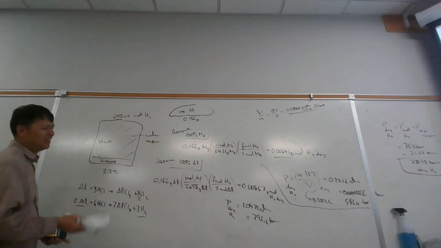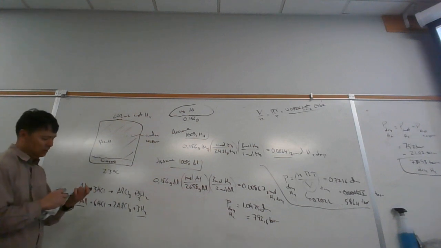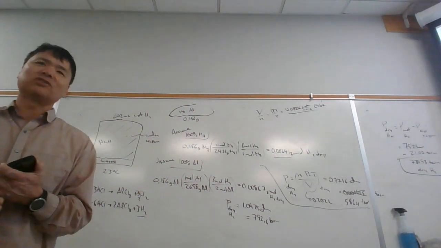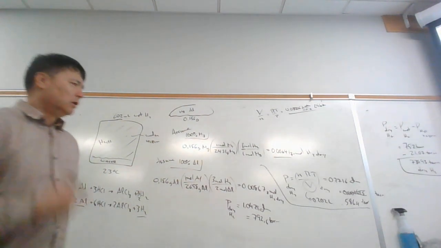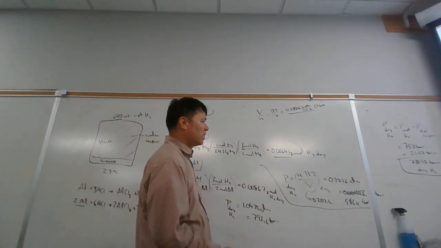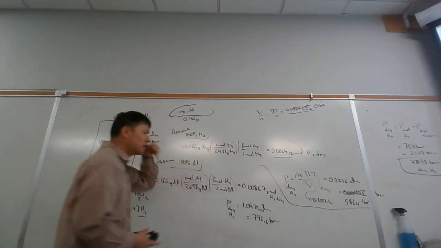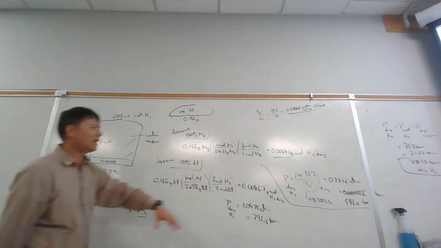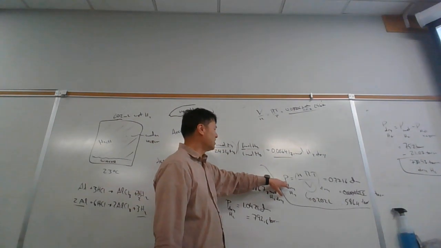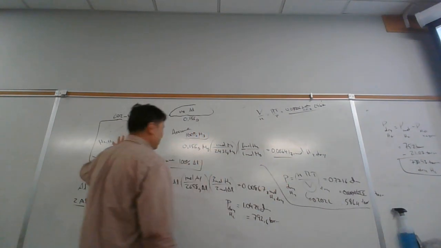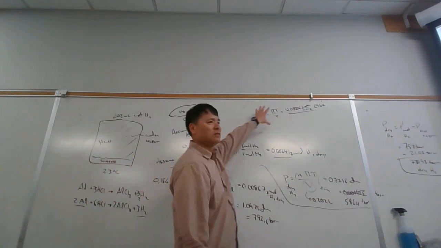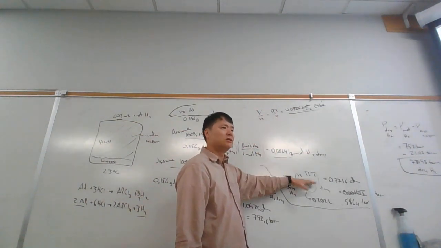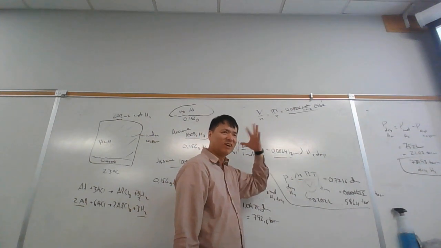Like I said, I was going to solve this problem using Avogadro's. My first choice would have been to do Avogadro's. With Avogadro's, I would have gotten the volume of dry hydrogen, and that way I wouldn't have to stop here and do this. I would have had just one conversion factor rather than stopping and then using the ideal gas law.